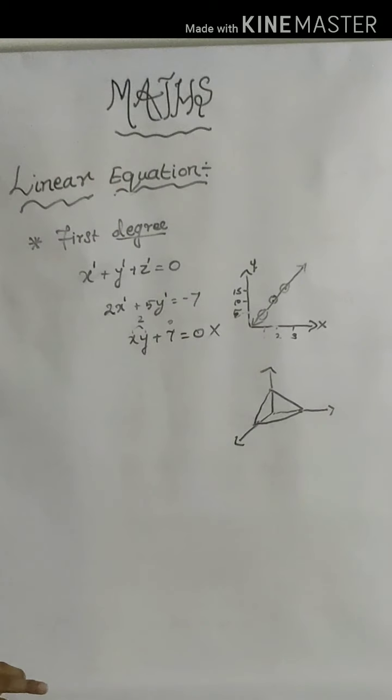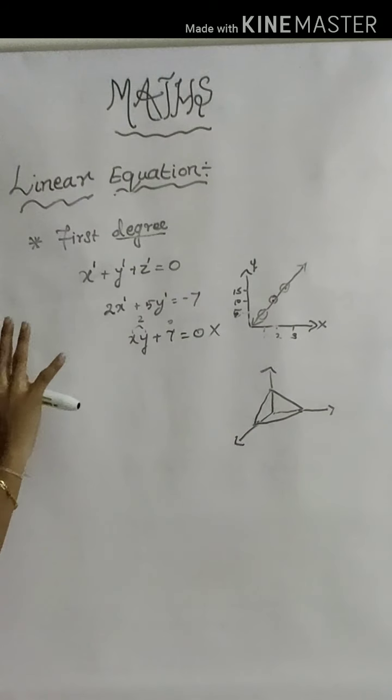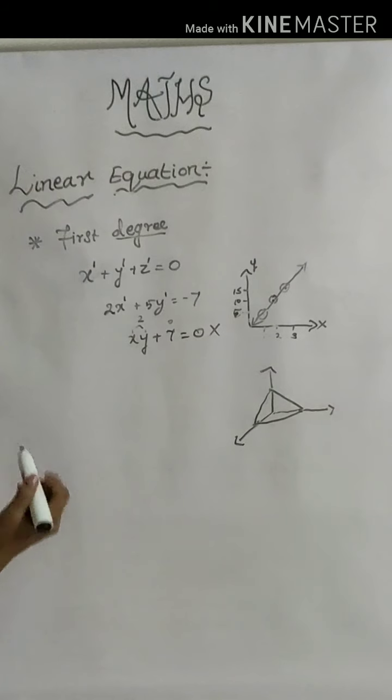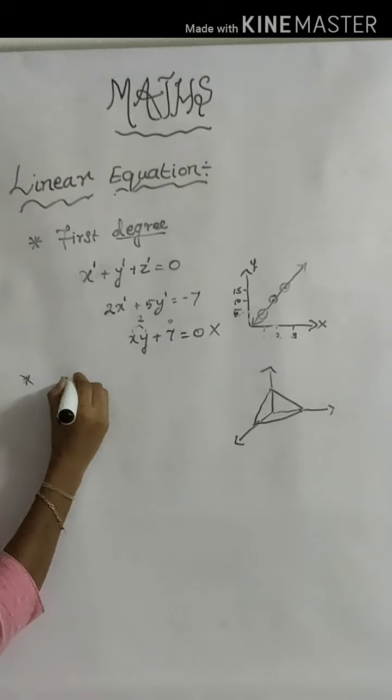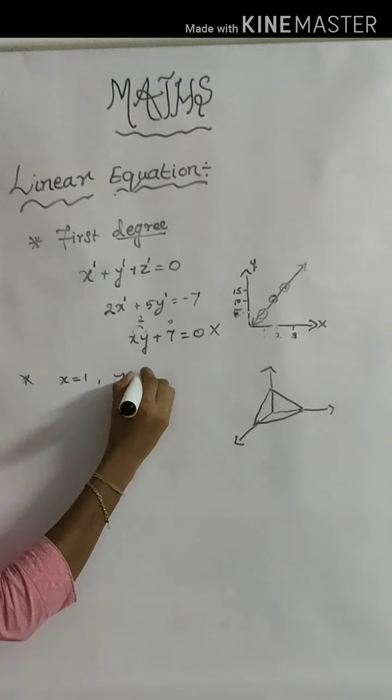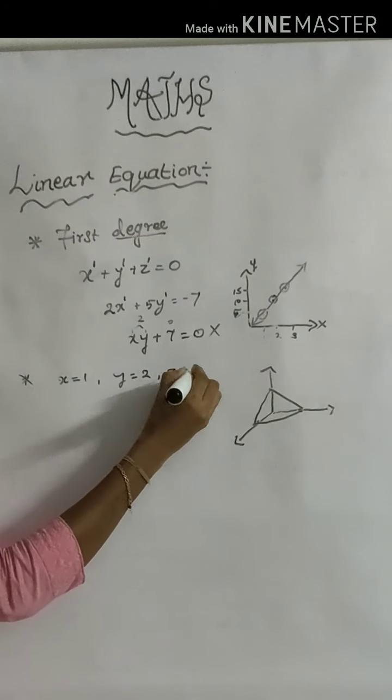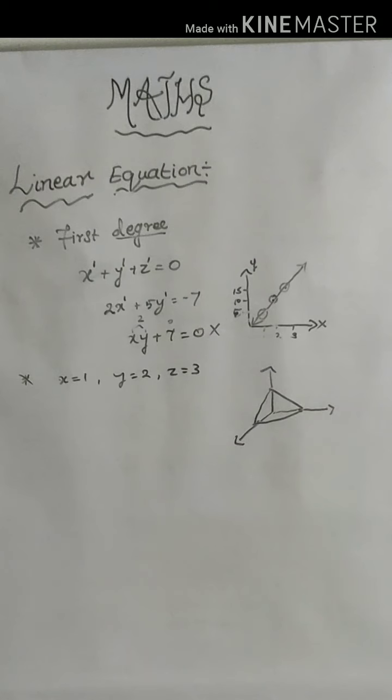And next, in previous years we have learned how to solve linear equations by using the substitution method, elimination method and cross multiplication method. Most probably in the 10th standard we'll use the elimination method. If I use the elimination method to solve this equation, I arrive at the value x equal to 1, y equal to 2, z equal to 3.